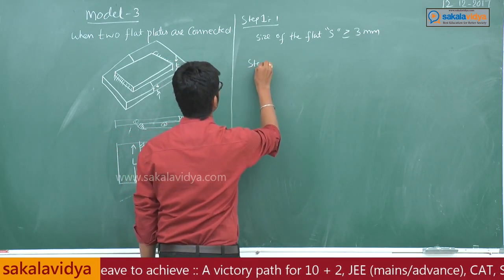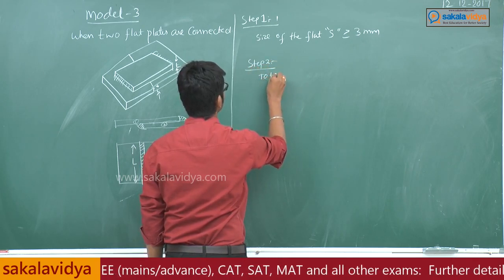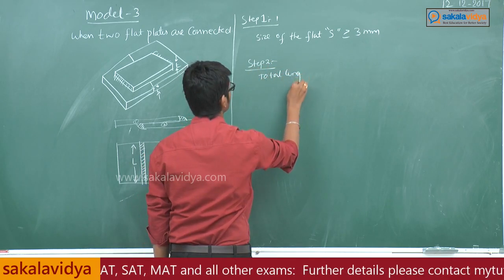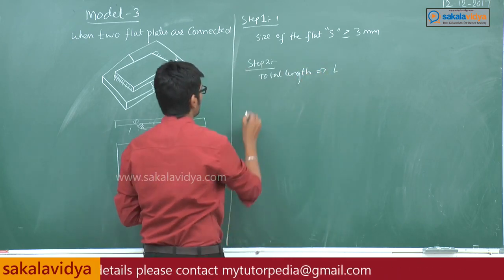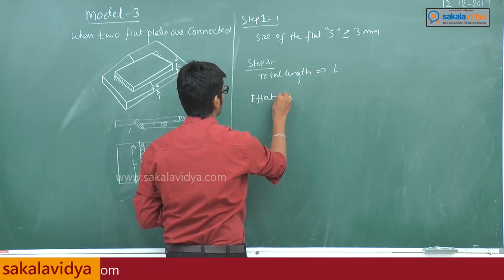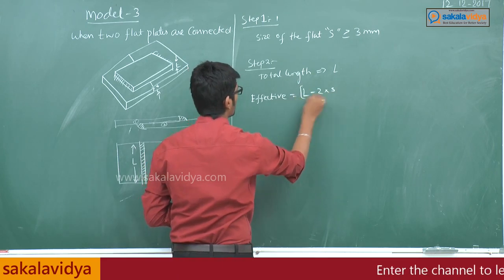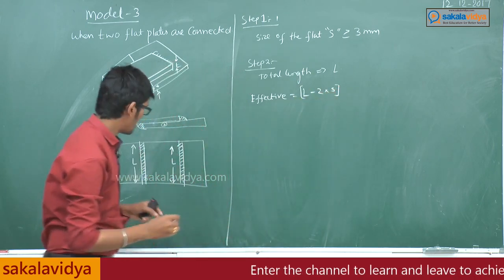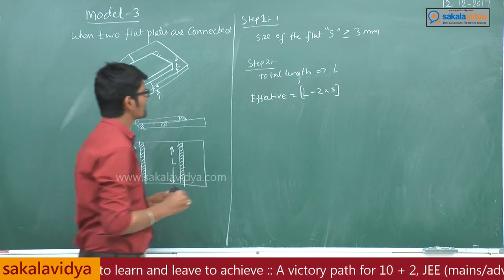Step 2: total length, that is equal to L. In that we need to find the effective length. Effective length is equal to L minus 2 into S, because we are having two lengths. So, we need to find the effective length.